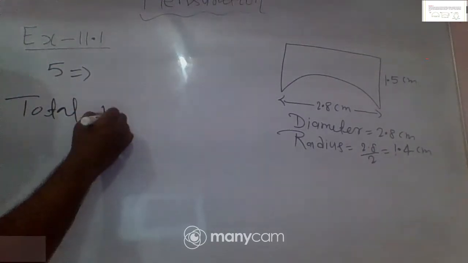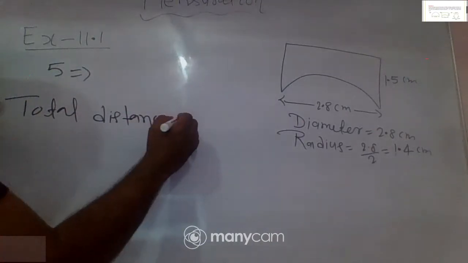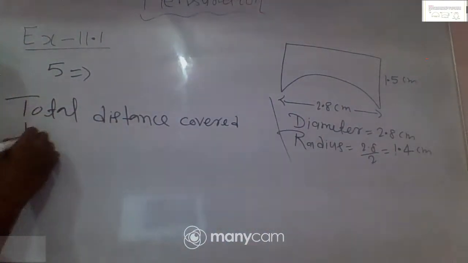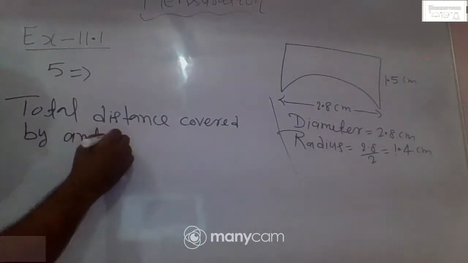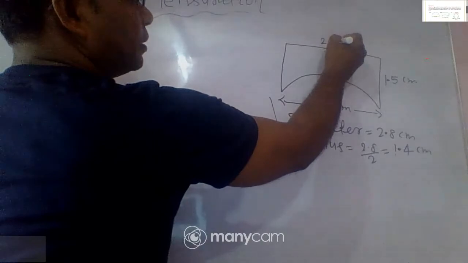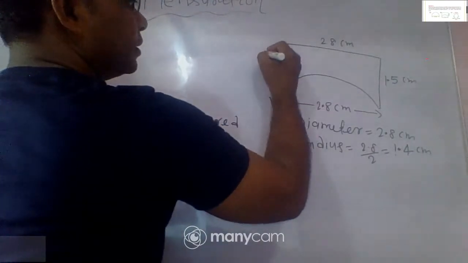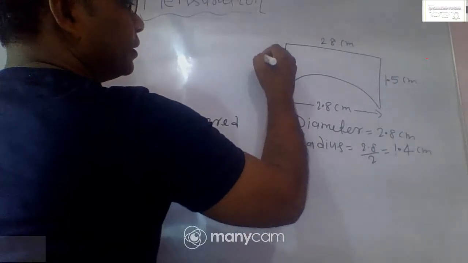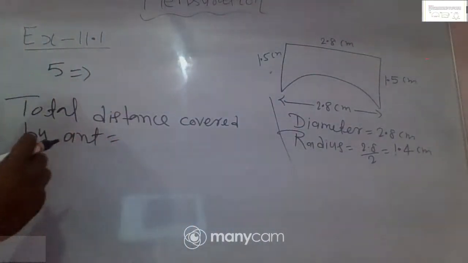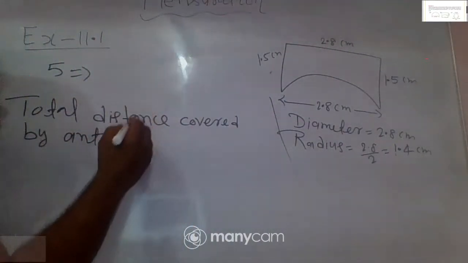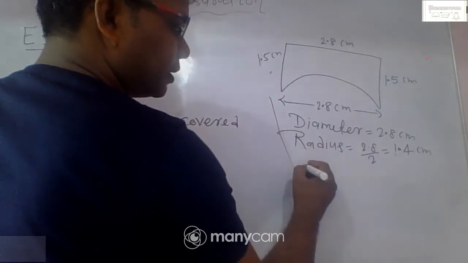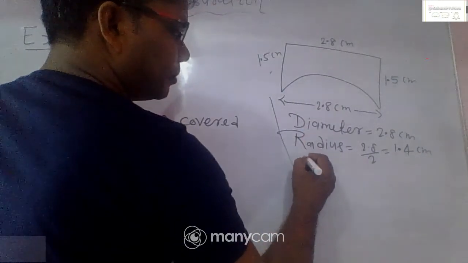So right here, the total distance covered by the ant is equal to 2.8 centimeters, plus 1.5 centimeters, plus this is pi r.